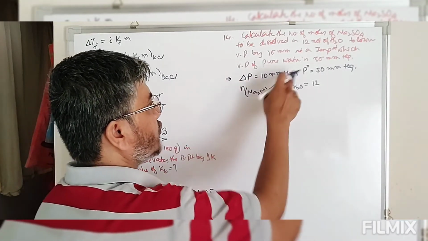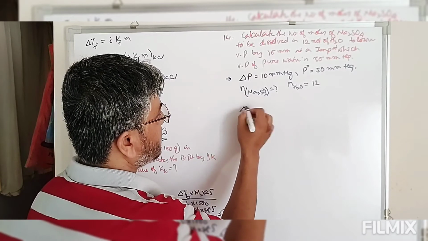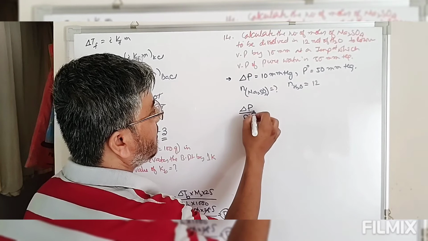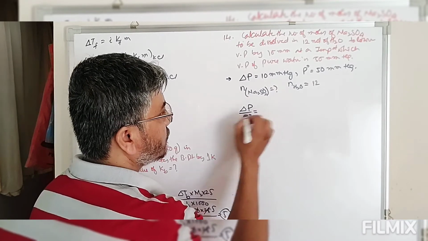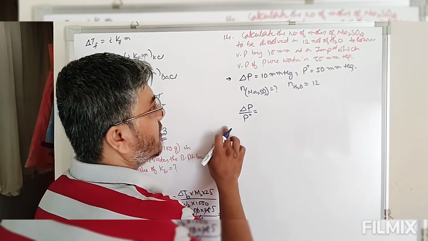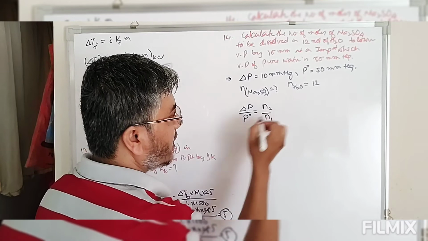Now since the question gives the lowering of vapor pressure, we have to use relative lowering of vapor pressure. So we say delta P by P naught is equal to N2 divided by N1.